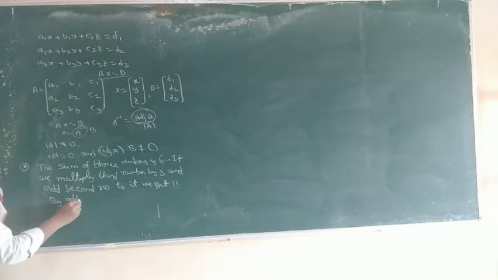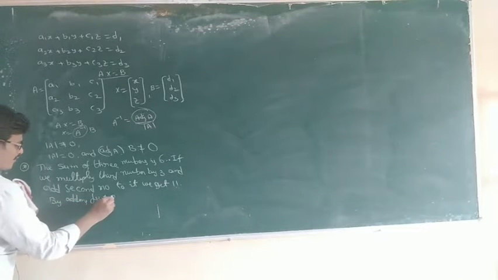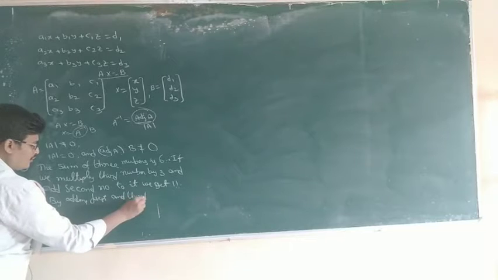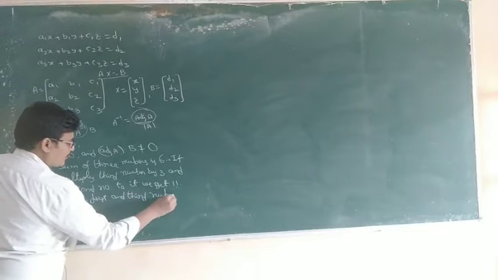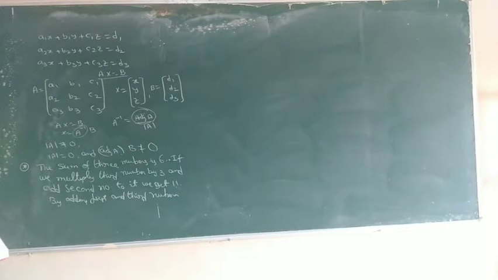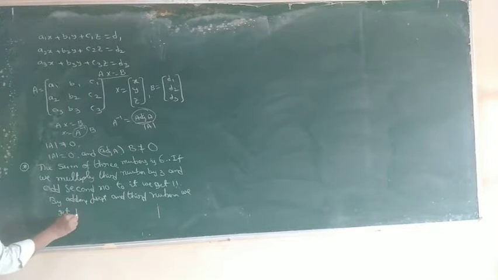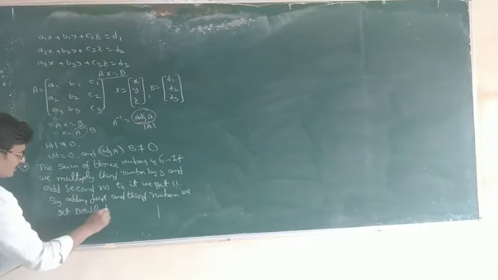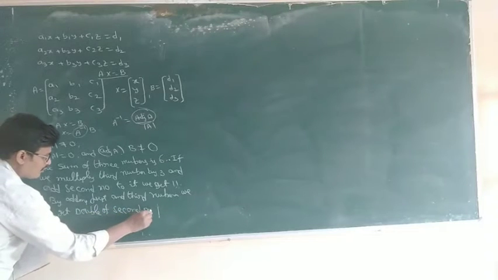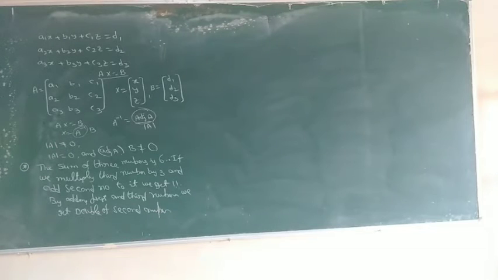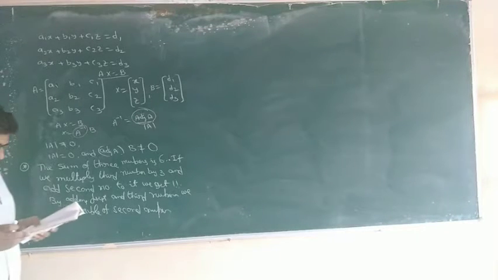Next, by adding the first and third numbers, we get double of the second number. Adding the first and third number means X plus Z. Represent it algebraically.